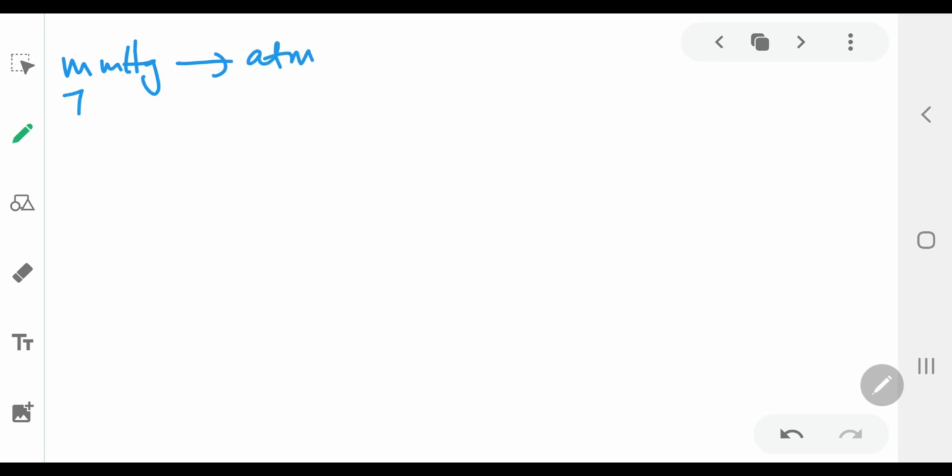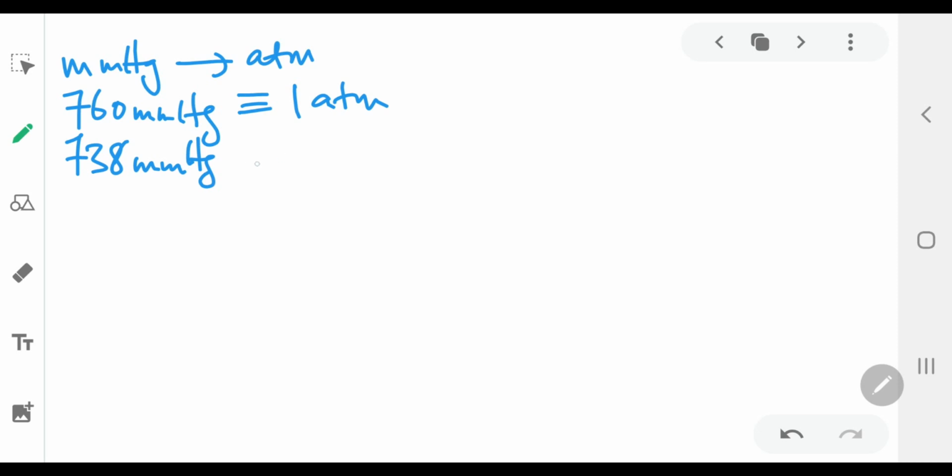So how do we do that? 760 millimeter mercury is equivalent to 1 ATM, and the partial pressure of oxygen is 738 millimeter mercury, and we need to find that.